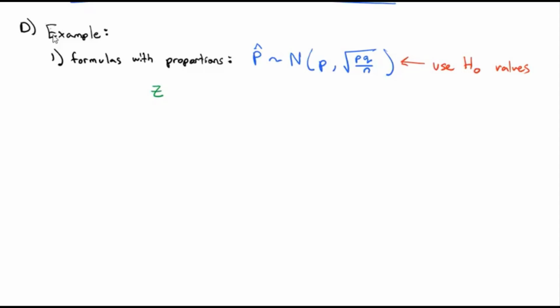And then, to calculate our p-value or our probabilities, we will have z equal to p hat, the sample proportion, minus p, the hypothesized proportion, divided by the standard error. And remember, the standard error is the square root of PQ over N.